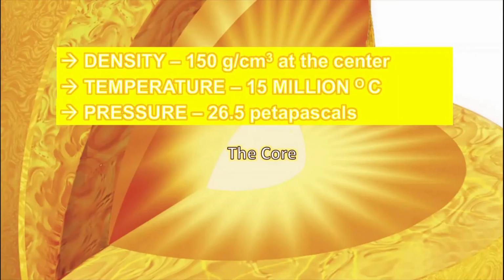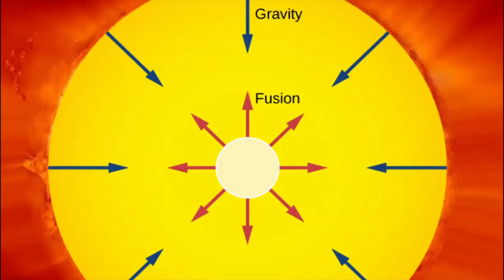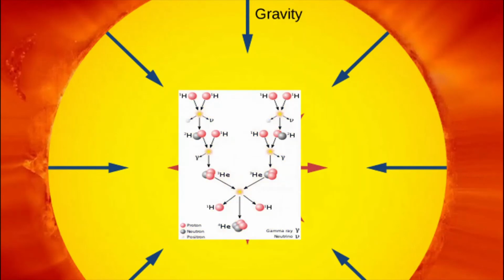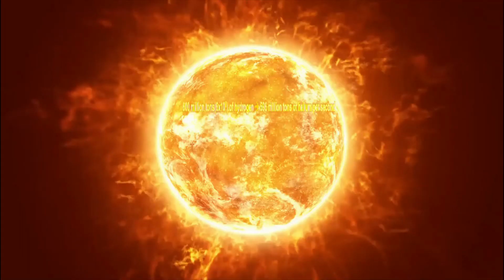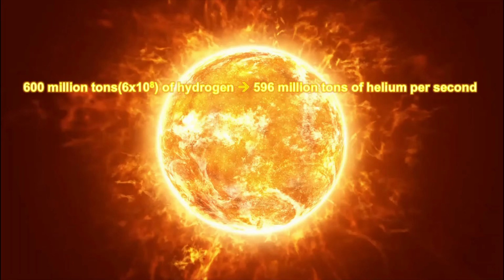The sun is burning with the nuclear reaction by burning hydrogen atoms into helium atoms in its core. It's not combustion which takes place in the sun, but the fusion process. Most of the sun's released energy is through the proton-proton chain reaction. It burns through 600 million tons of hydrogen and converts it into 596 million tons of helium per second.